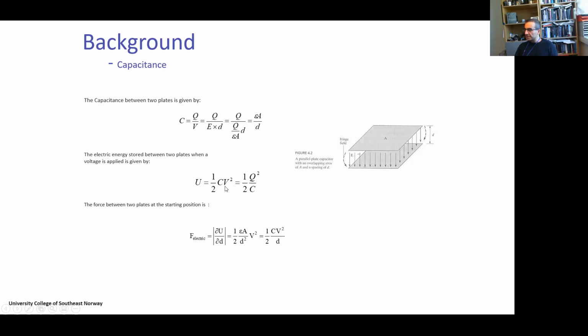Or if you replace the C with Q over V, so U is 1/2 Q squared over C. If you replace the Q with CV, then we can rewrite this equation like this. So we get rid of the V in the expression, because by this one we can see that by applying a charge we can also create an electrical energy.